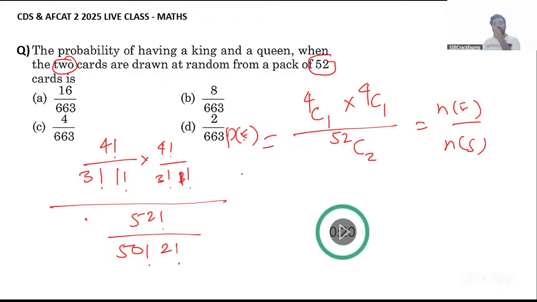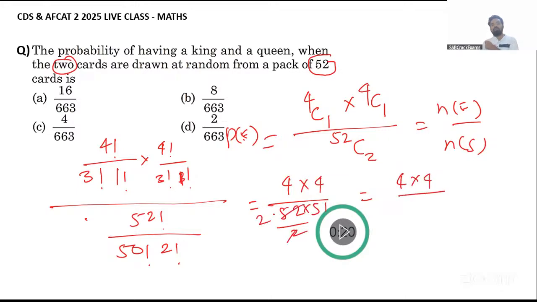In the first case, 4 divided by 3 factorial will cancel out, it will be 4, it will be 4. 52 will be 52 into 51 divided by 2. So it is 4 into 4, so it is 26 into 51.